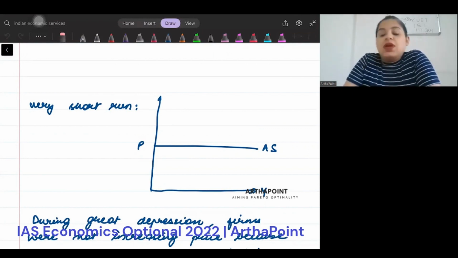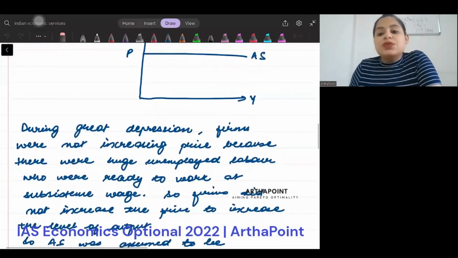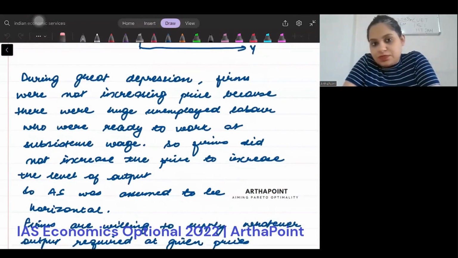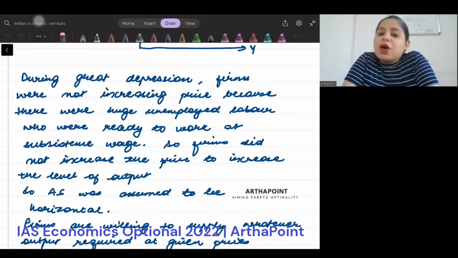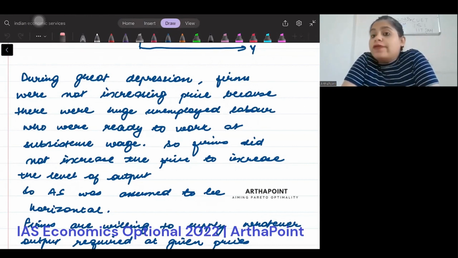Now, why? Because when Keynes was there, that was the period of the Great Depression. During that period, there was no demand, very little demand. So because there was less demand, firms were not increasing price. Also, there was a lot of labor that was unemployed. किसी के पास job ही नहीं थी.